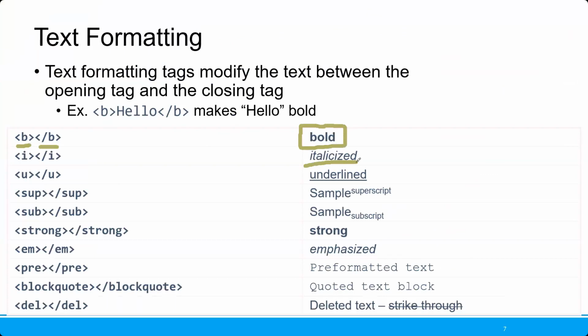If you want to make it italic, then you can put I. If you want to make underline, you can use U. If you want to make superscript, you can use sup. If you want to make subscript, you can put sub.